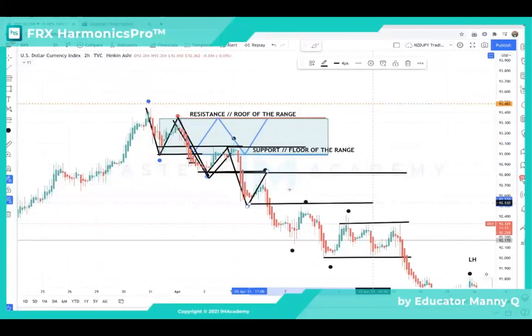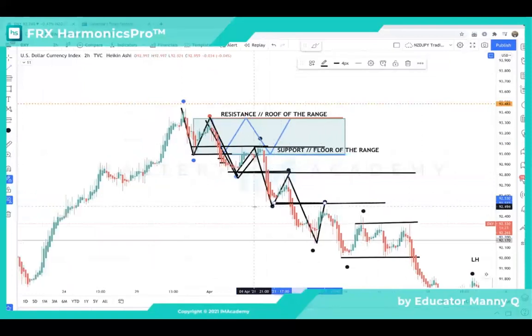In this new range, the market broke out of the previous low right over here, creating a new lower low. The market pulled back up, creating a new lower high. That lower high retested that previous low. So as you see, this is all connected within the market.